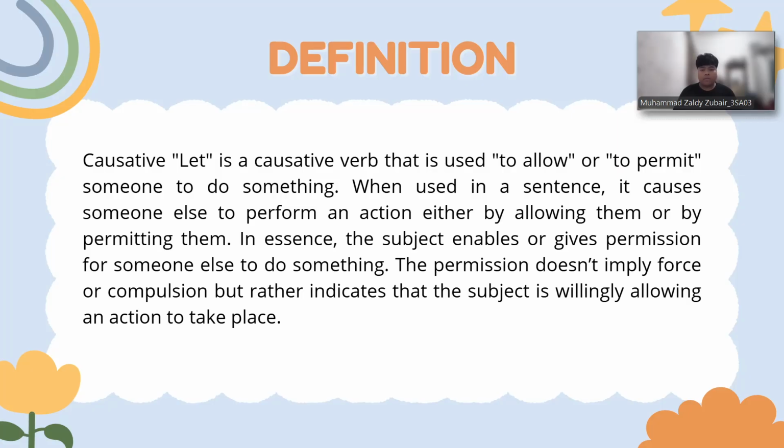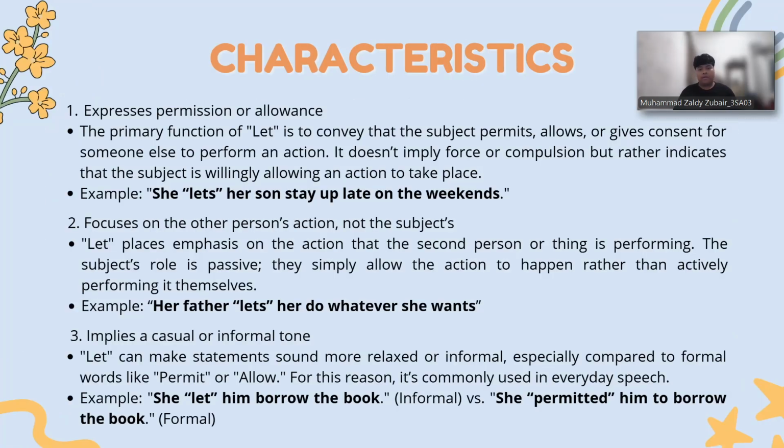In essence, the subject enables or gives permission for someone else to do something. The permission doesn't imply force or compulsion, but rather indicates that the subject is willingly allowing an action to take place.